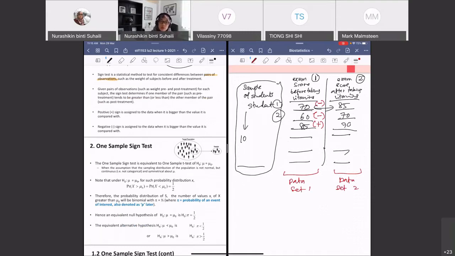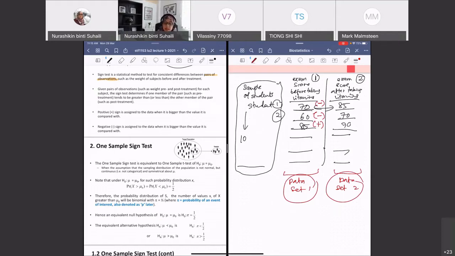At the end, you want to make a conclusion based on the observation of each pair of observations, whether there is a difference or not between data set 1 and data set 2, whether data set 1 is greater or less than data set 2.